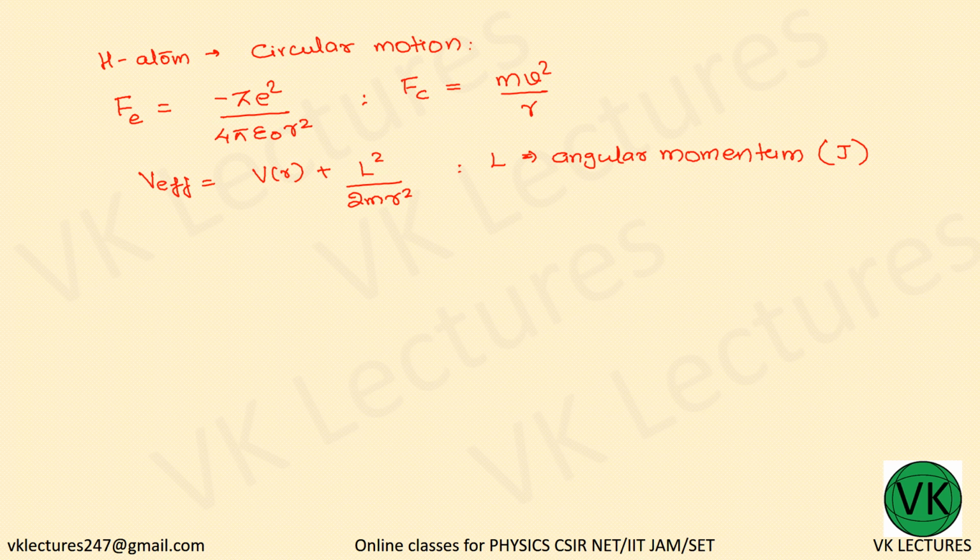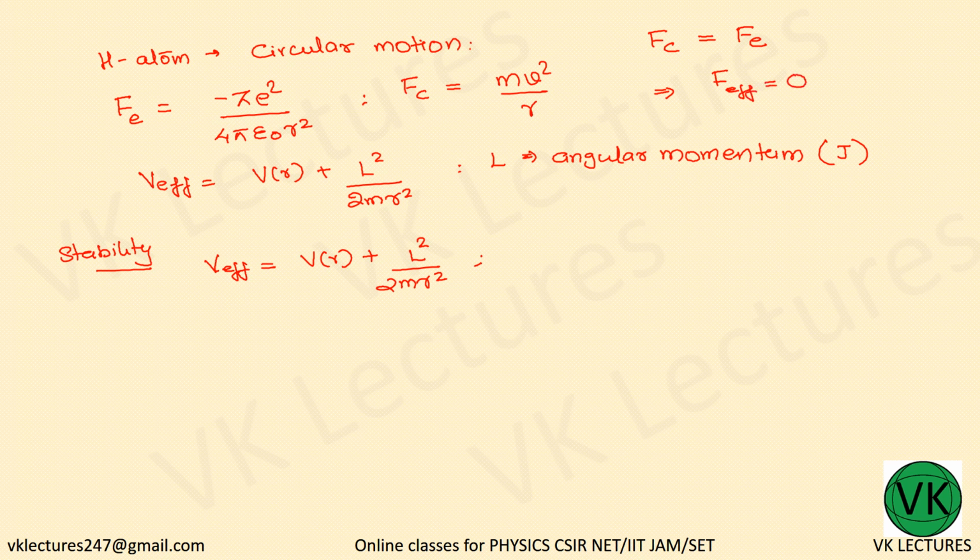Now to understand the stability with respect to the radius, we have V effective is equal to V of r plus L squared divided by 2 m r squared. Since the centripetal force is equal to the F electric, the net force, or the effective force, is equal to 0.